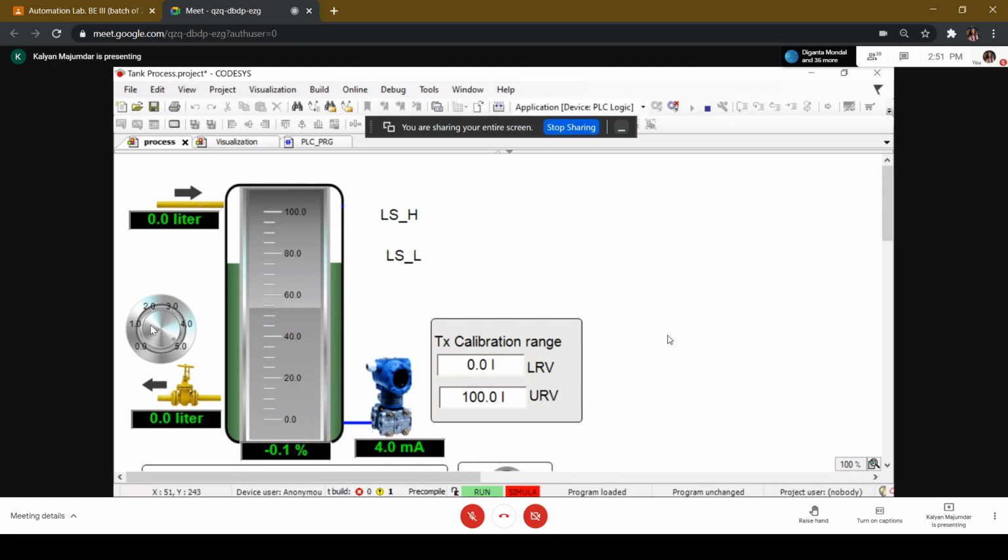This is as if you're controlling the valve opening. What is a tap? A tap is a valve that is manually operated. So by rotating this knob, it's like opening or closing your valve. So that alters the outflow rate from this particular tank.